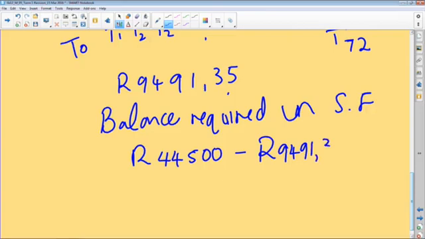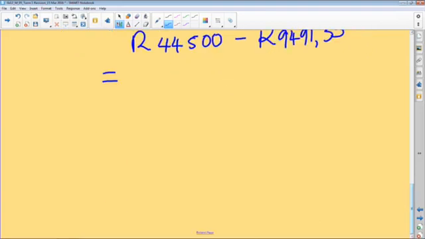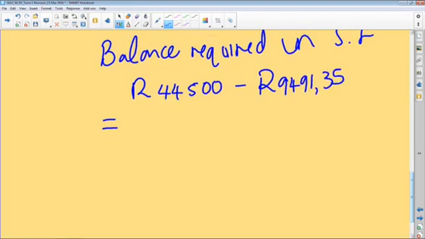And that's going to tell me how much I need to work towards saving. And let's see what we get. So 44,500 minus 9,491 Rand. You put that into your calculator and you get 35,008 Rand and 65 cents.